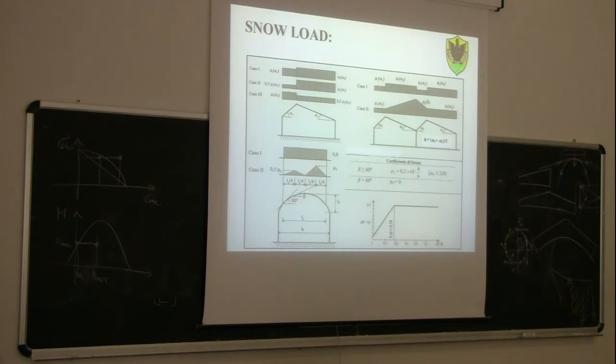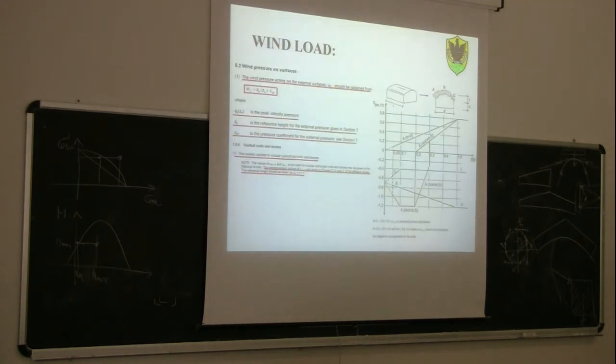So this unbalanced load condition may dictate the design of the arch. For the wind, I don't say anything because we already saw it a lot with Dr. Sciomenda, so you know that wind is a kind of problem in the sense that you have many conditions, some of them unbalanced.